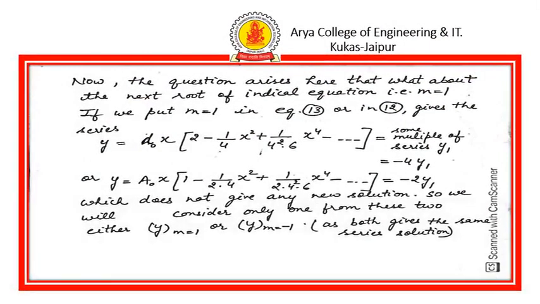Now the question arises: what about the other root of the indicial equation, that is m equals 1? If we put m equals 1 in equation number 13 or equation number 12, it gives the series y equals this, which is a multiple of y1. y1 is obtained for m equals minus 1.